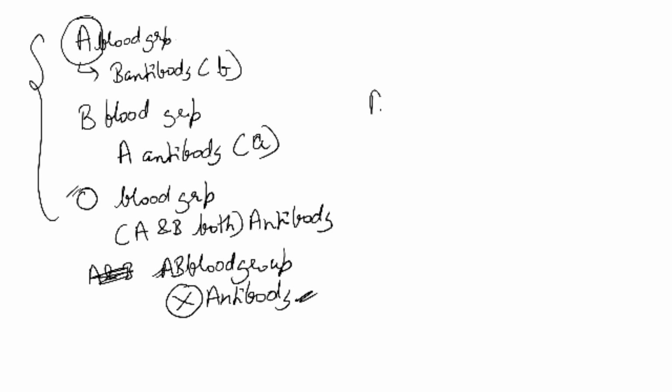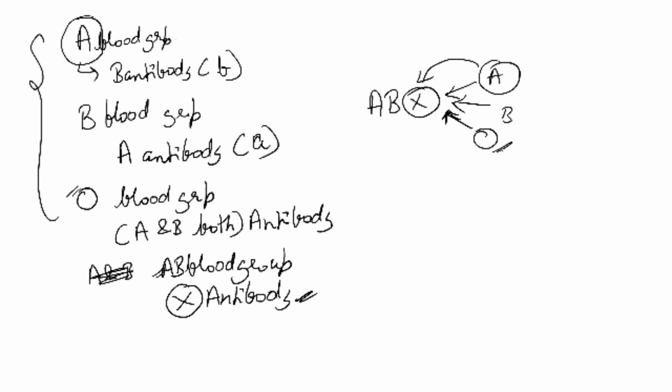Now A and B, because they have no antibody, they can universally accept all blood groups. If A blood group comes, suppose, they will have no antibody, so they won't harm it. With B also the same, there is no antibody so there is no harm to B. With O blood group also the same, no antibody is present here, so they won't harm it. So therefore AB blood group is a universal donor.